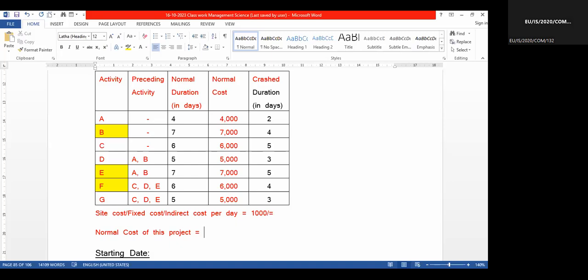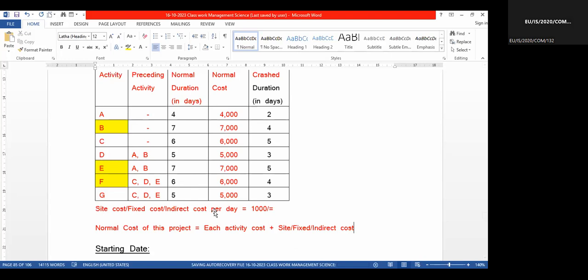The normal cost means each activity cost plus site or fixed or indirect cost. Activity cost is the summation of all the activities.